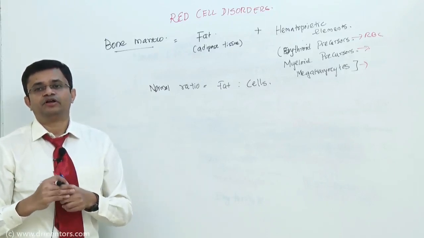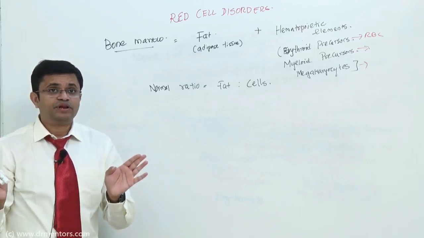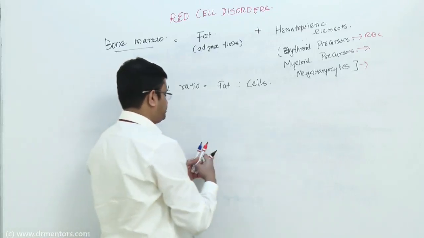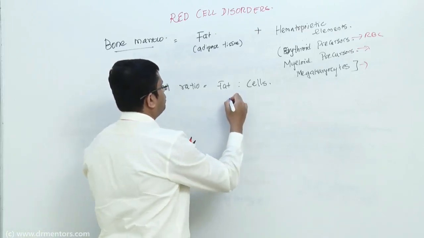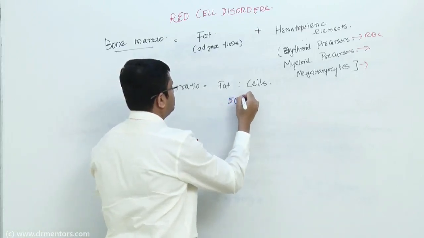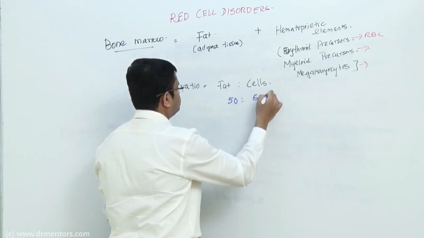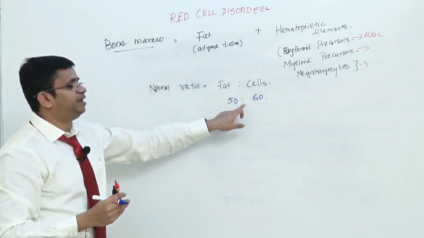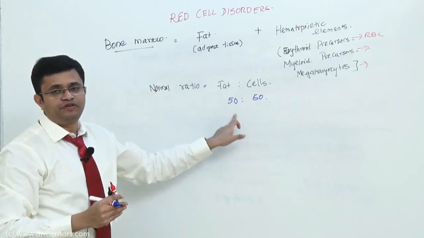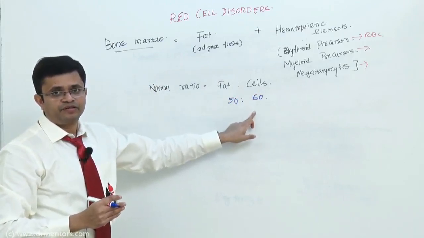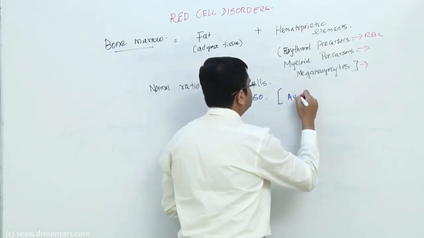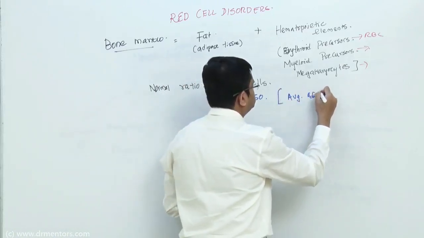If I take a bone marrow and look, the marrow will be 50% fat, 50% cells. Generally, if you get a question in the exams about an adult, the ratio of fat to cells is mainly 50-50. 50% fat, 50% cells. That is when you talk about an average adult.